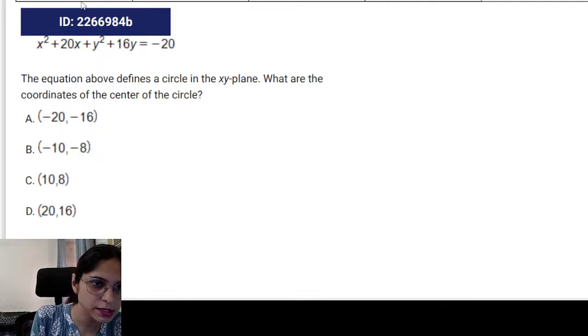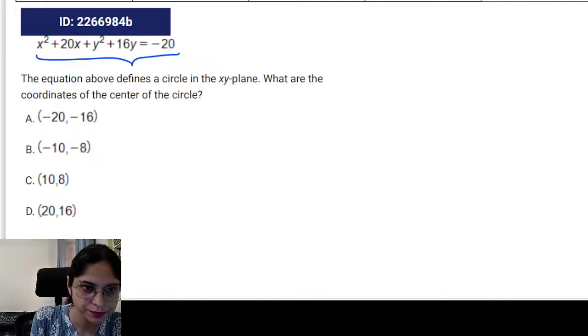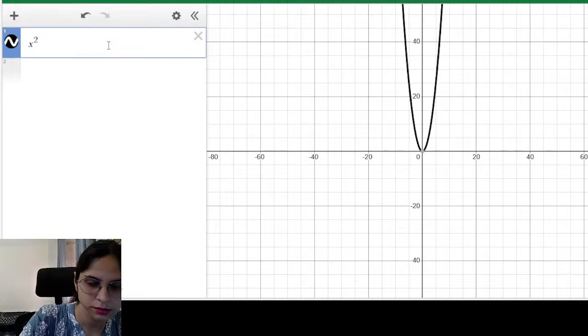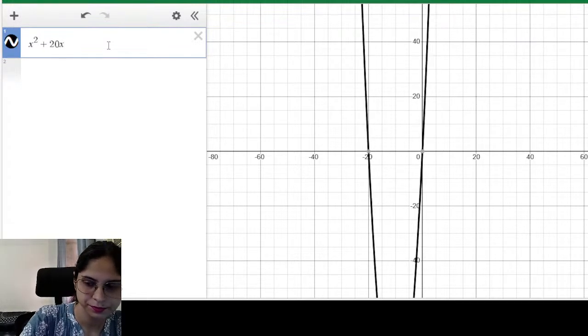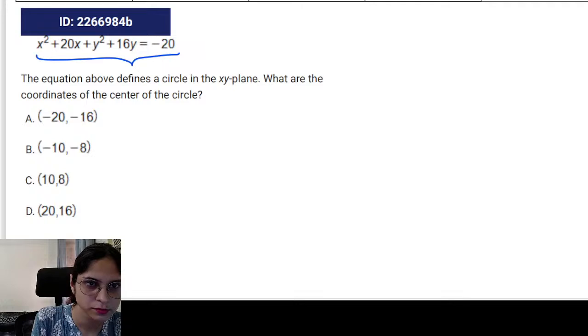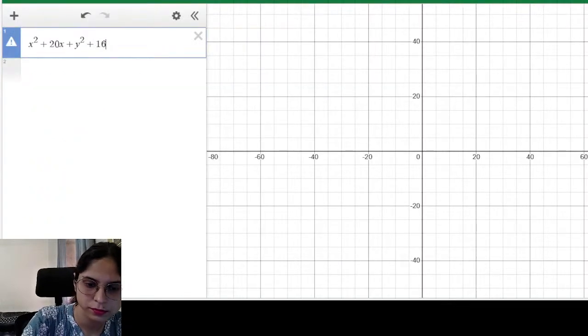Now if you see, this is your standard equation, right? Let me see if we can directly get the center from Desmos. Otherwise I will tell you a hack.